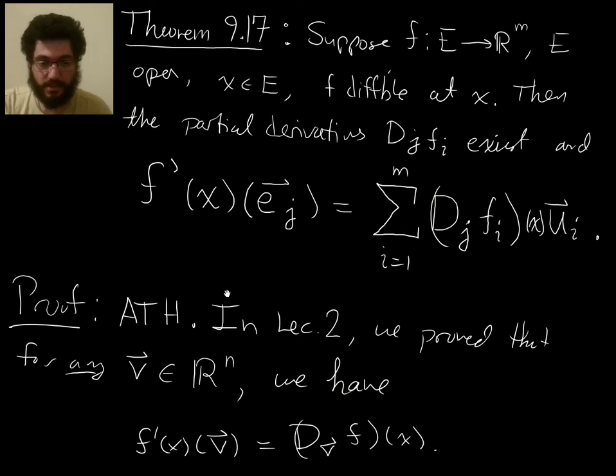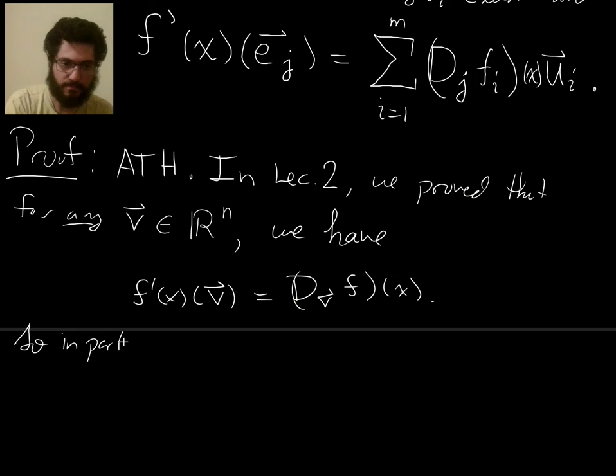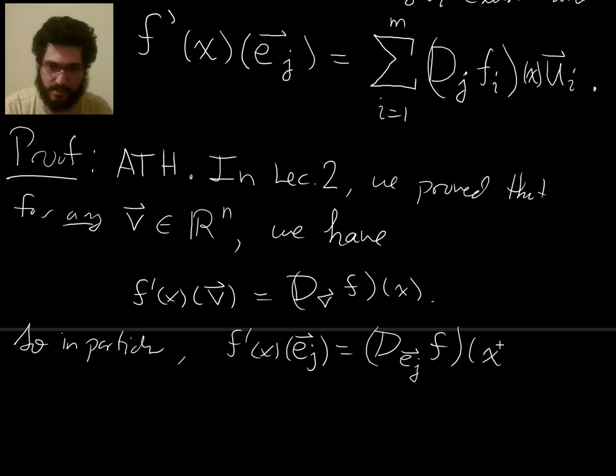So that means in particular we have this for the special case where v is one of the standard basis vectors. So in particular, f prime x at e_j is, the whole point is if I put e_j here, then I get d sub e_j of f at x.